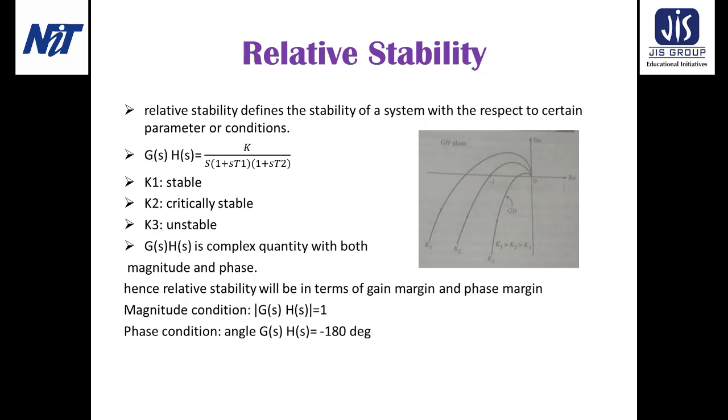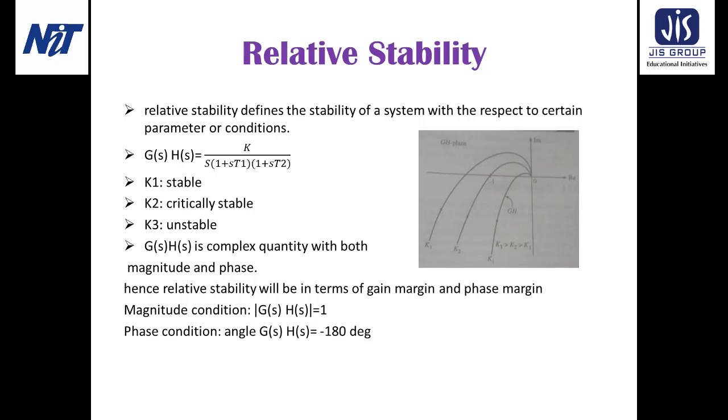From the graph, we can see that K3 is maximum, where K1 is less, and the graph is shown for different values K1, K2 and K3.